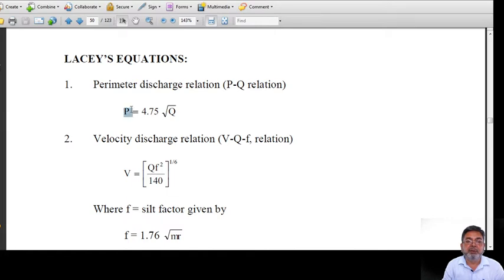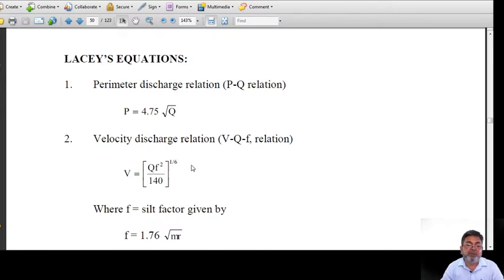The equation given by him is P equals 4.75 under root Q, where Q is the discharge of the canal. This is the wetted parameter; the numerical value of the wetted parameter you will get from here. Now this is the velocity discharge relation.